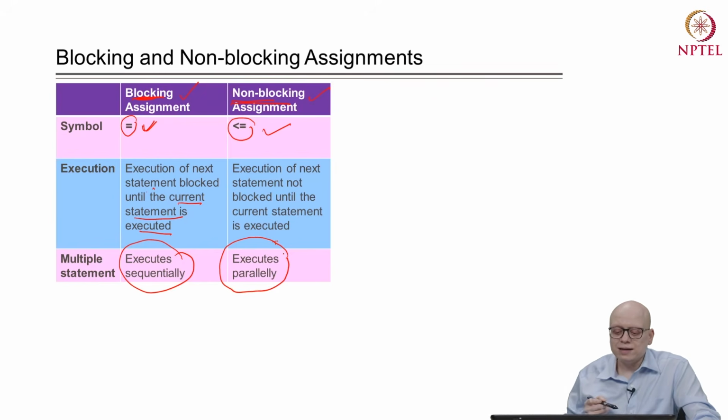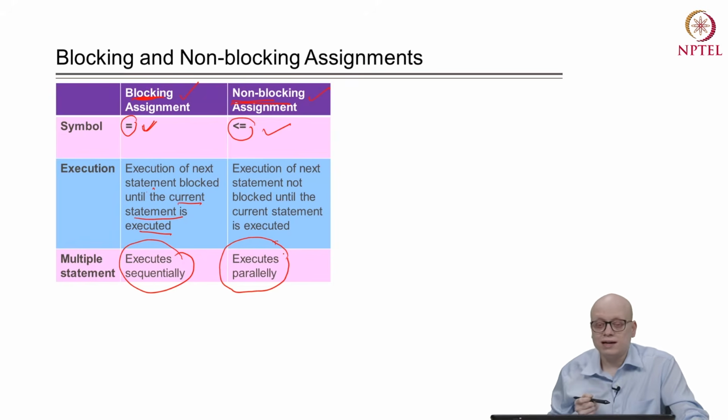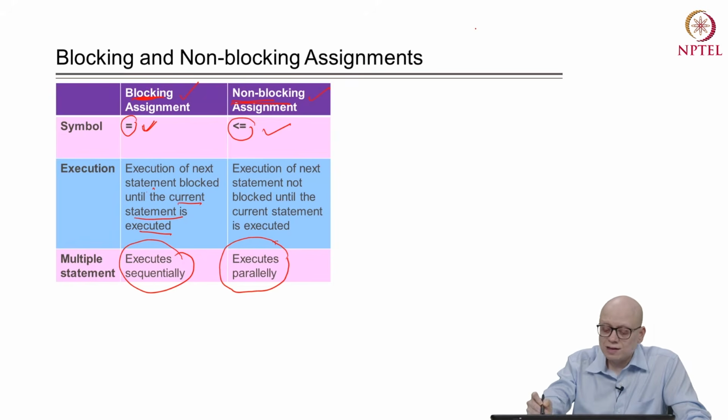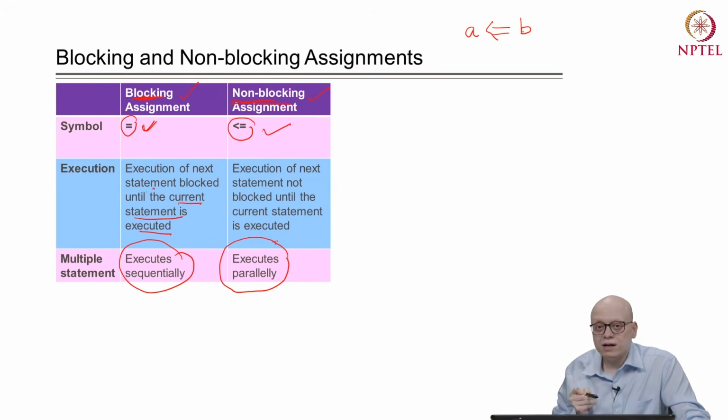Now, let us understand a little more about what non-blocking assignment is. When we say A is assigned to B in a non-blocking manner, this assignment is done in two steps. In the first step, only the RHS part is evaluated.